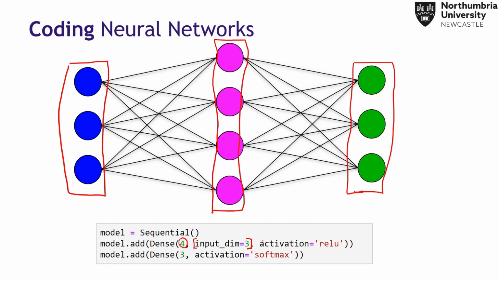For now, I don't want you to worry about this activation. We are going to talk about that in lecture 5. But for most of you, we're going to be using ReLU throughout all of the hidden layers. And then we're going to be using either softmax or sigmoid in the final layer.